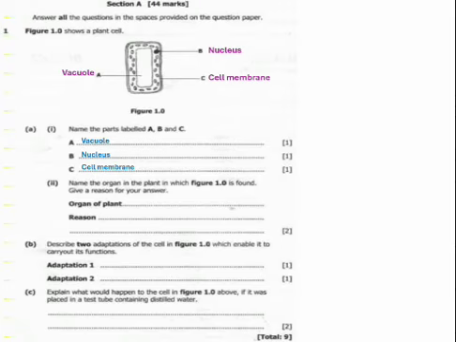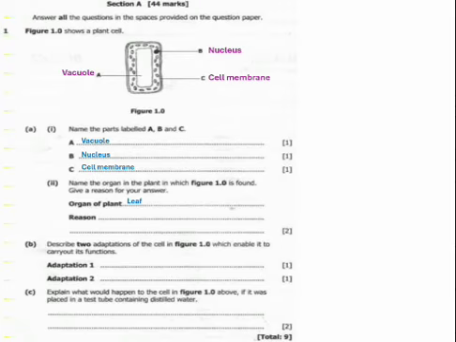Roman numeral 2. Name the organ in the plant in which figure 1.0 is found. Give a reason for your answer. When you have mentioned the organ, you should also give the reason. The organ is the leaf.